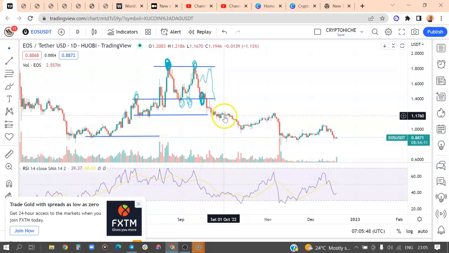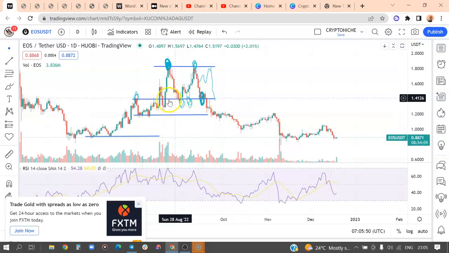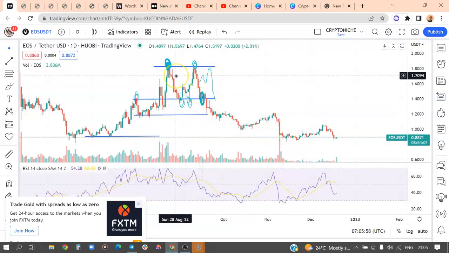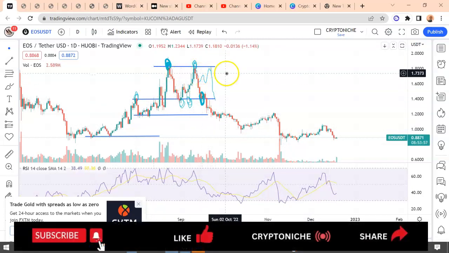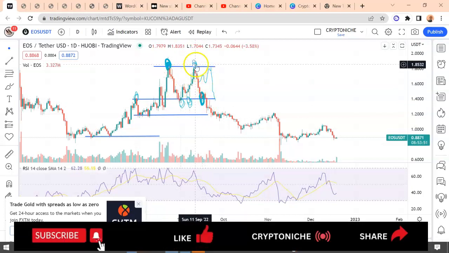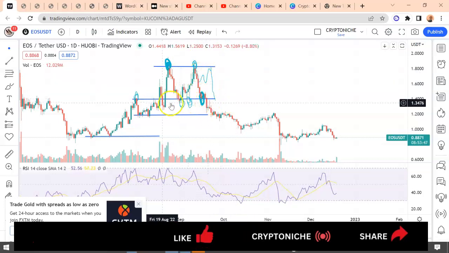I made them understand the possible buy levels, the possible entry levels, right here on the chart, and the possible exit level. I told him that should he test this resistance again, there's every chance that it's going to go down and break this support you are seeing right here.